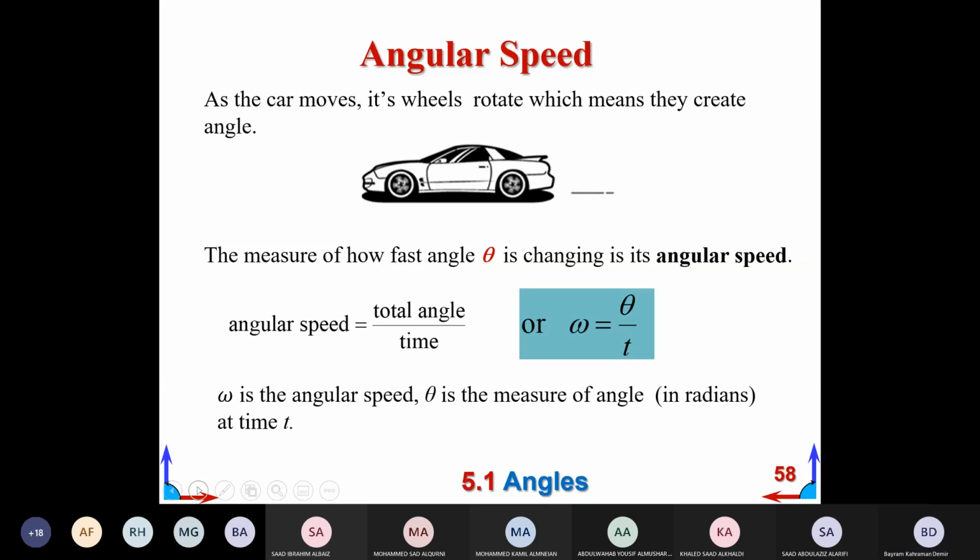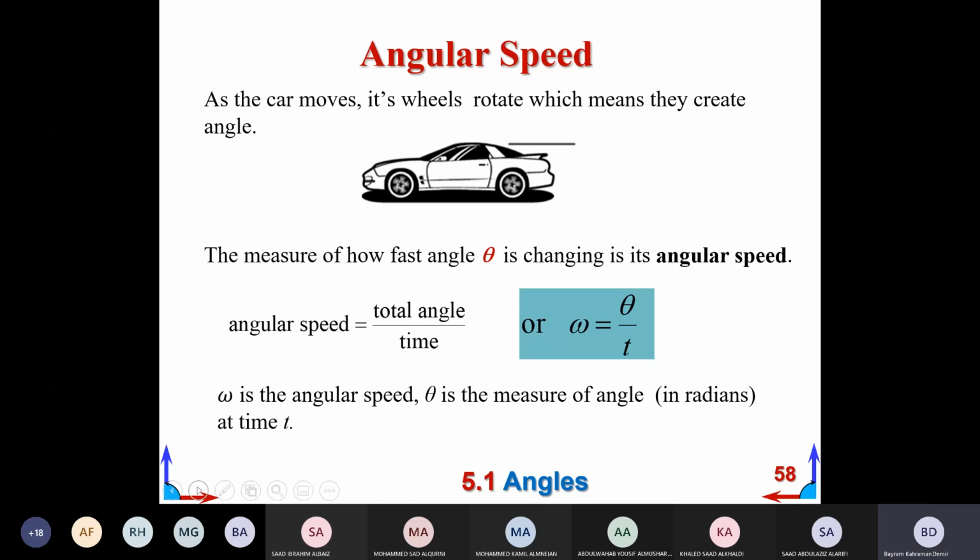Now, linear speed is the ratio of the distance and the time, but the angular speed is the ratio of the angle and the time. Of course, it depends on the speed.